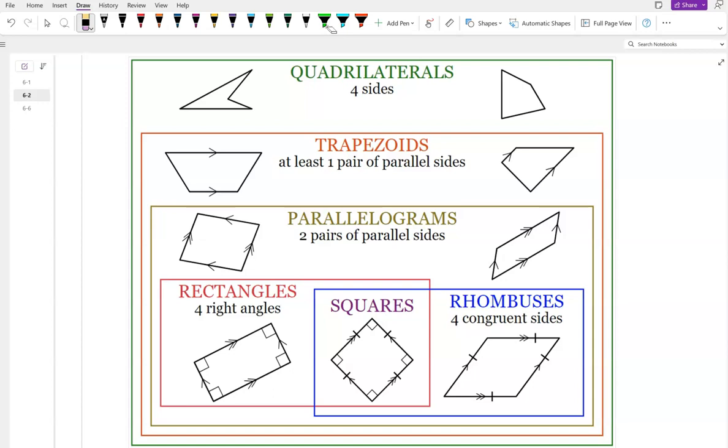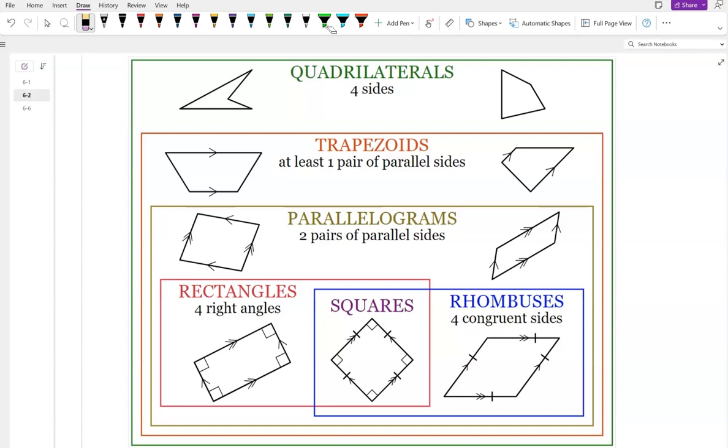So as you work your way down these, it just gets more specific. As I go up, all of these shapes in the bottom row, rectangle, square, rhombus, fit in the same category as a parallelogram, right? These are just more specific descriptions of the type of parallelogram it is. Same thing with trapezoids.